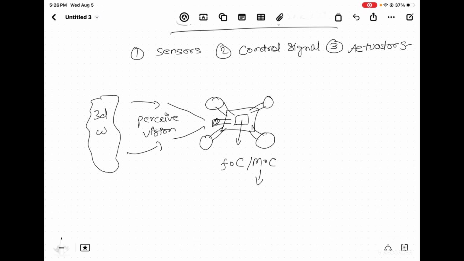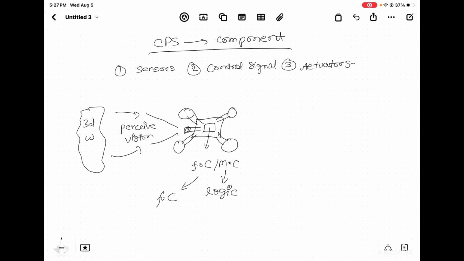What the microcontroller does is it has some logic to take the image it perceives, and it provides some control command and output through the flight controller and acts upon it. For example, if it perceives there is an object, it has some control logic to avoid the object, so it perceives and then avoids the object.